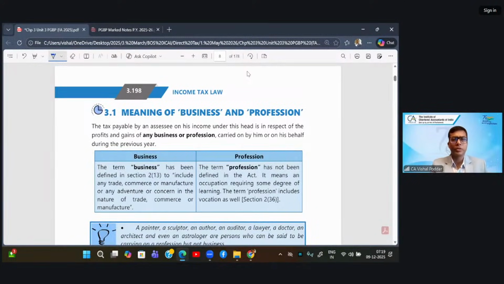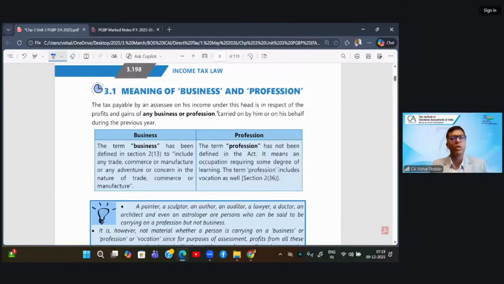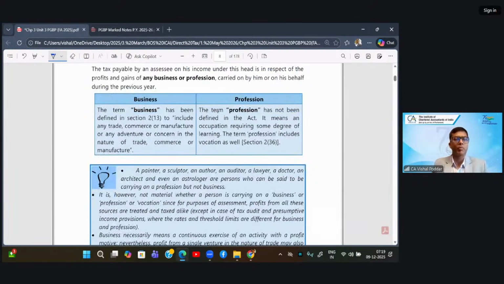Now, since this head deals with business, or rather two sources of income are covered, business and profession. So what is business? Importantly, business means an activity which involves trading, provision of service, manufacturing, or any activity which is an adventure in the nature of trading, commerce, etc. Now, what is an adventure?